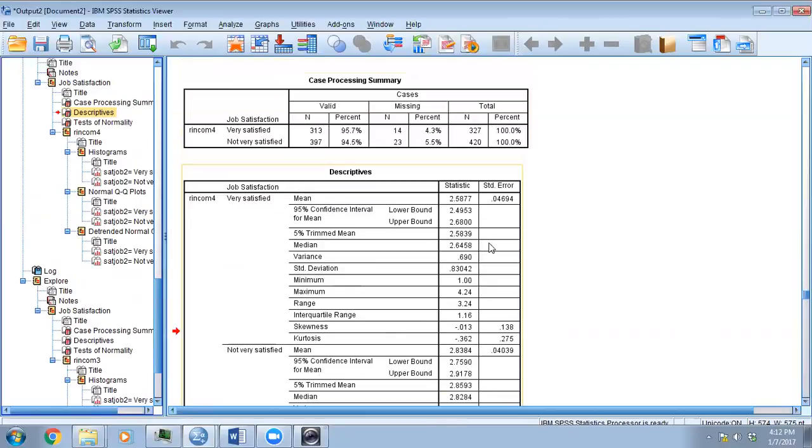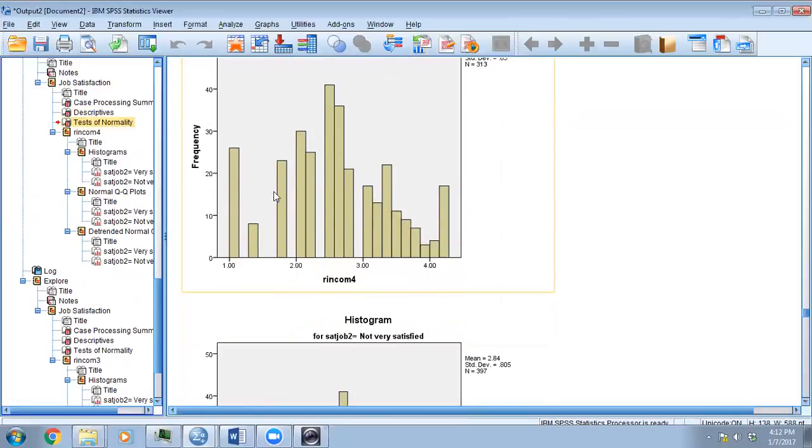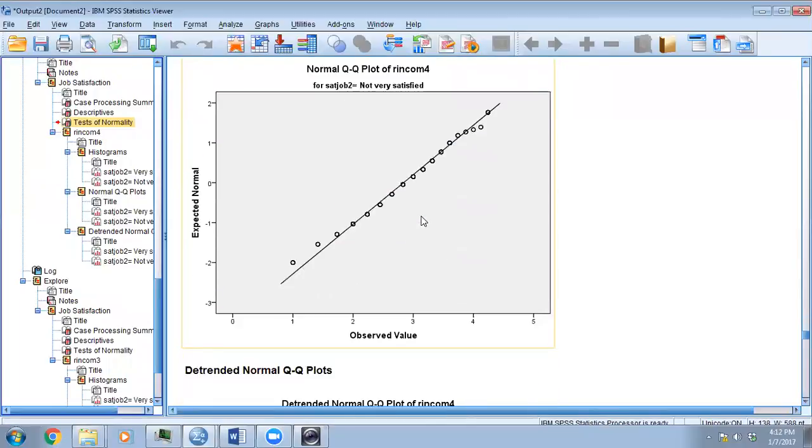So basically, even though the test of normality is significant, we have considerably reduced the skewness in the data, and this is confirmed in our histogram for both the categories and the QQ plot.